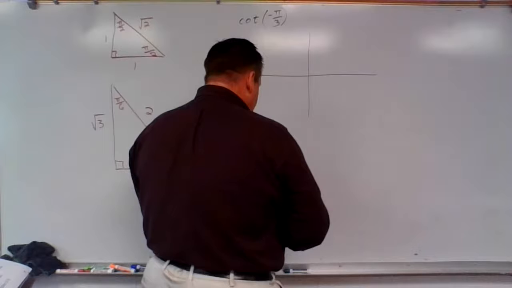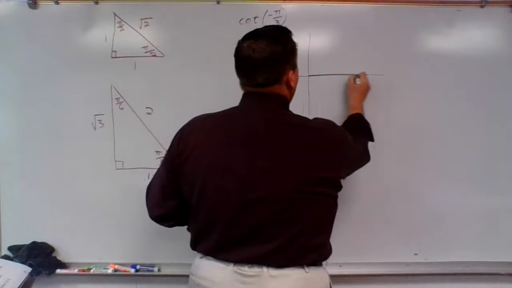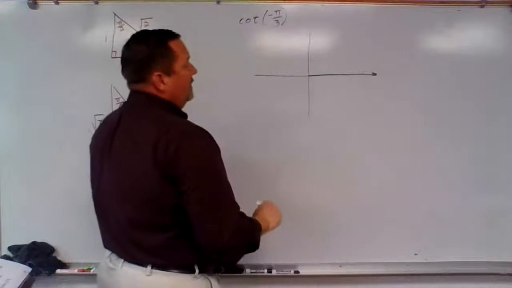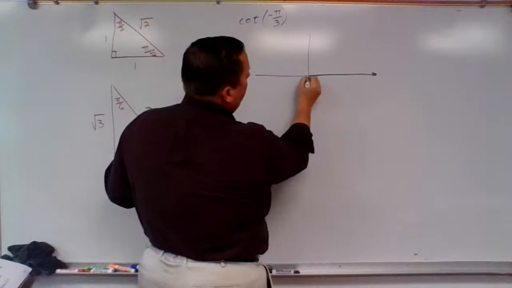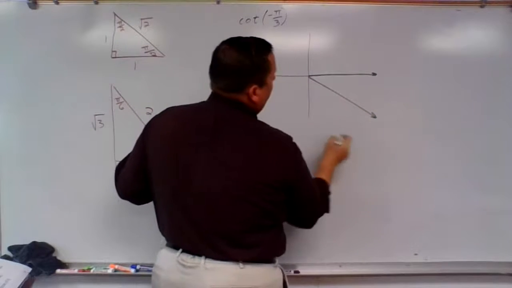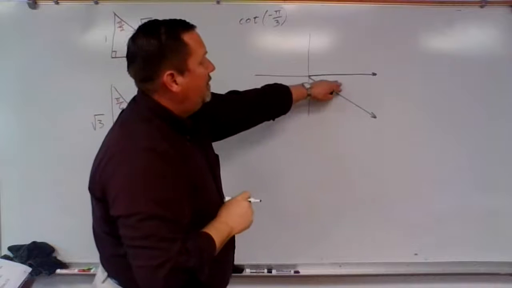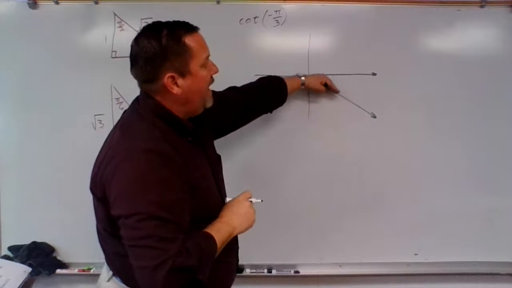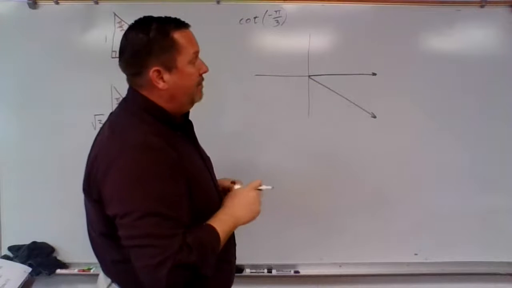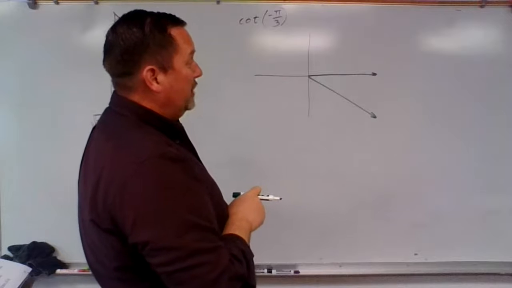I have an angle in standard position, but it's a negative angle, so it's coming down this way. It's coming down pi over 3 down. This angle down is also going to be my reference angle. All right. Fourth quadrant is actually pretty simple.